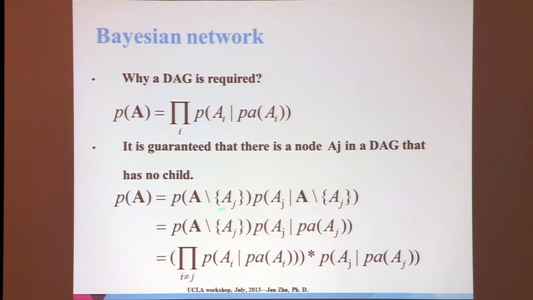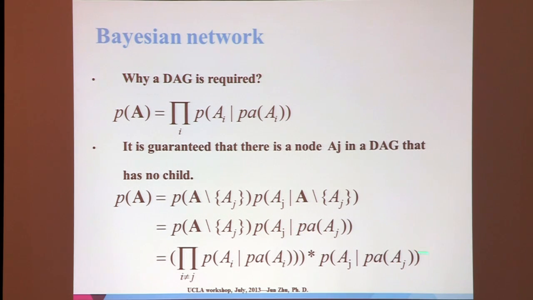So this one we already know from this one is the network of size n minus 1. So we can already decompose this one as the parent-children form. And then the only thing is when you add AJ, you can still decompose this one, A and parents, because adding A only needs you to estimate the conditional probability of this one.